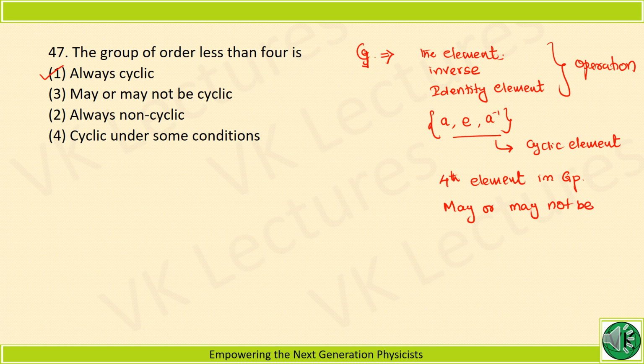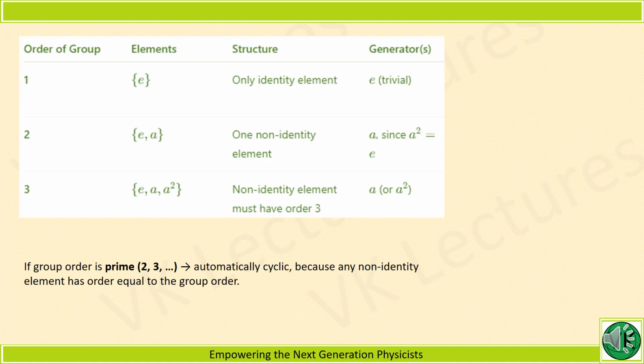So up to 3 the group is always cyclic, but after 3, that means if the group consists of more than 3 elements, for example 4 elements, then the group may or may not be cyclic. Now here we have the different orders of the group, 1, 2 and 3, with corresponding elements in the group: e, e a, and e a a square.